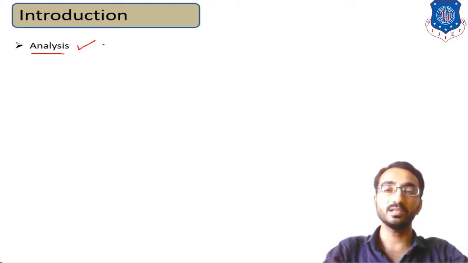So in simple words we can say that analysis is the process in which we are identifying parameters such as velocity, acceleration, displacement and position of a mechanism.